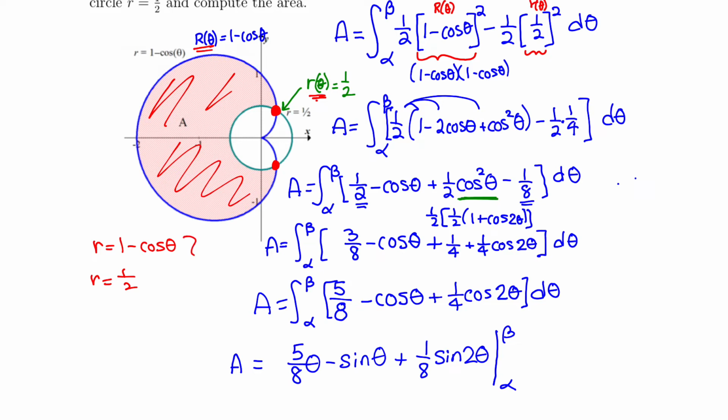Joey, yeah? That's what we're doing, 1000%. We want to equal them to each other. So I get 1 minus 1/2 equals cosine theta. I'm looking for cosine theta is 1/2.